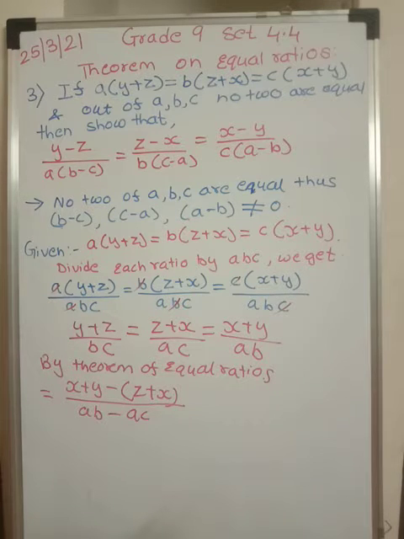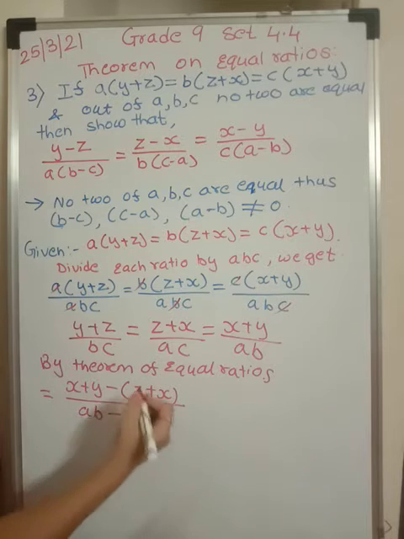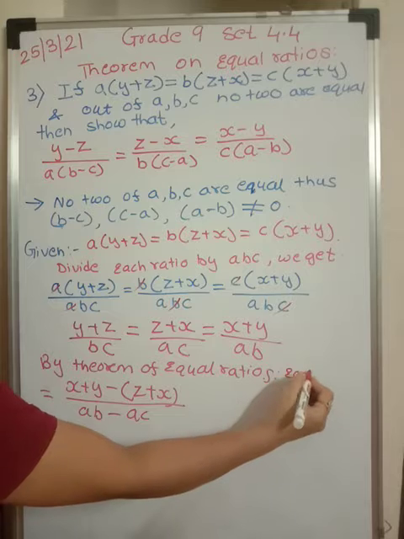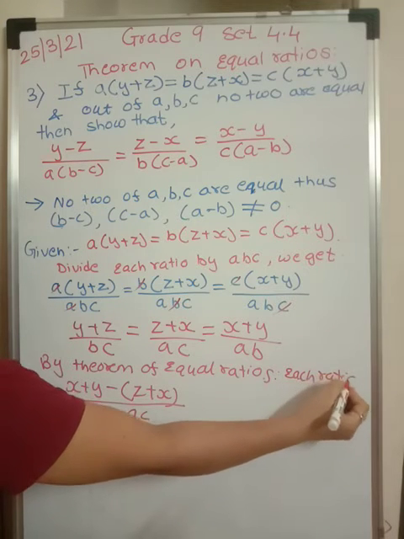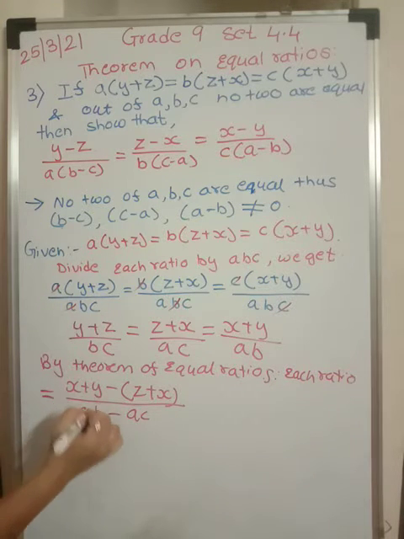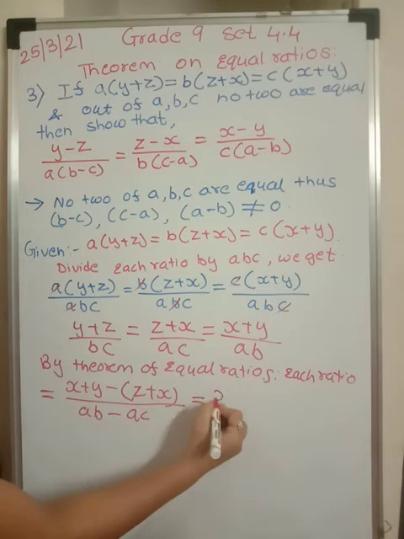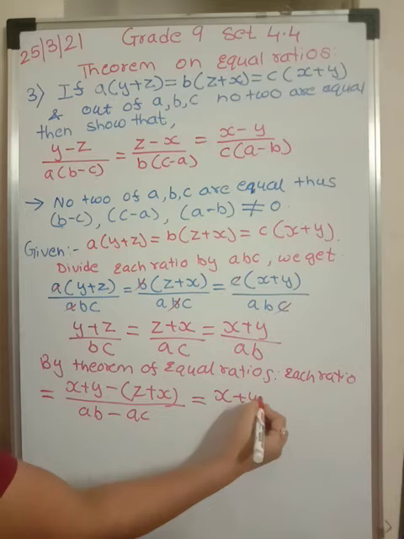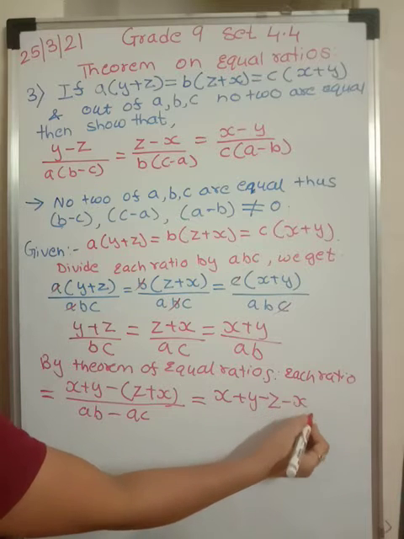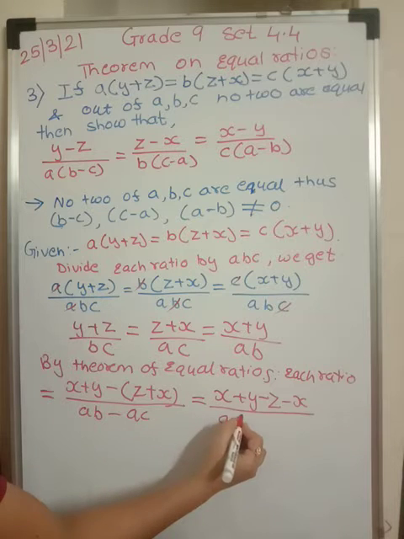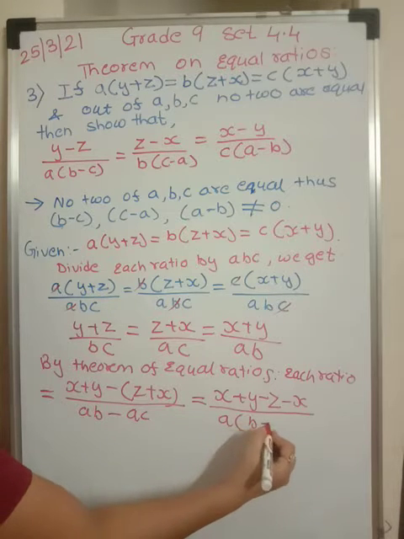I think this is clear. So each ratio will be equal to, by theorem of equal ratios, each ratio is equal to this. Now what do I get? I'll open the bracket, x plus y minus z minus x upon, here common is a, so I am taking a out and inside I'll get b minus c.